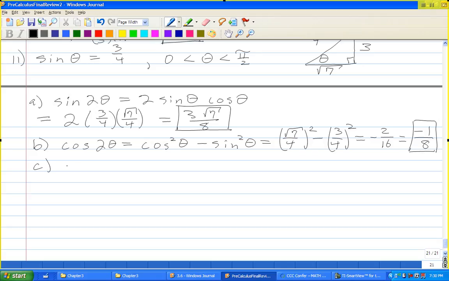Sine of theta over 2. If I write this as cosine squared is 1 minus sine squared, this will be 1 minus, and let this be theta over 2.